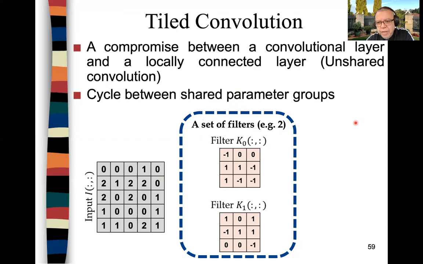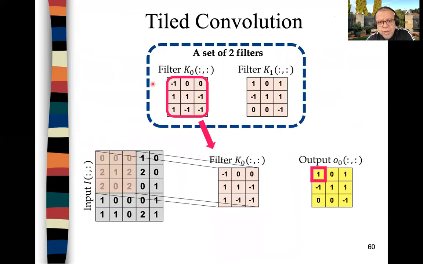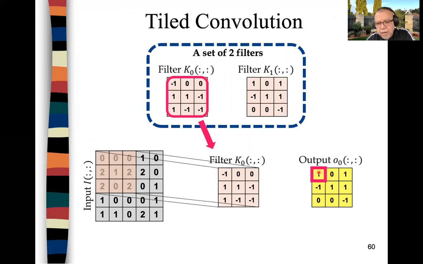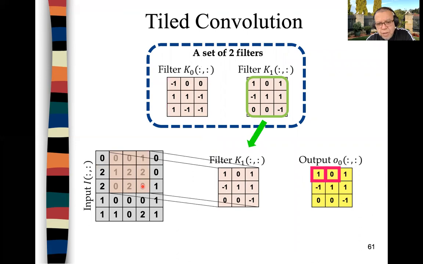For this region here, we filter with K0 and get our output pixel. Then we move our window by one stride, but this time we convolve with the second filter, K1, and get our output pixel.